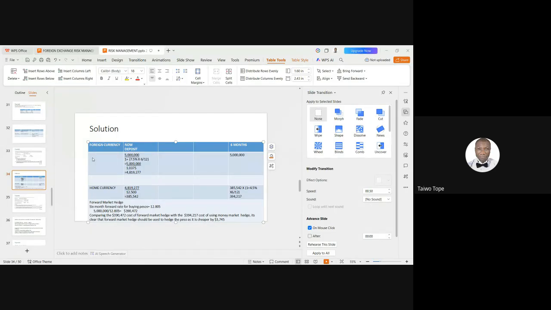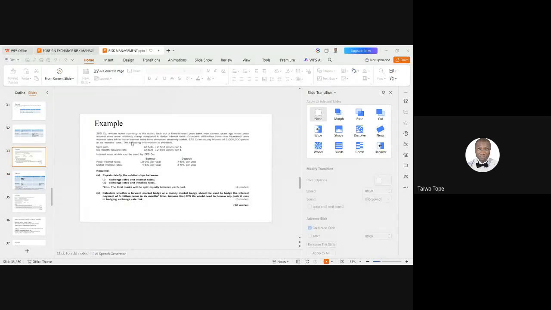So the bank will buy from you, at a lower value. And the lower value based on the 6-month forward rate is 12.805. That is why we are using this 12.805.